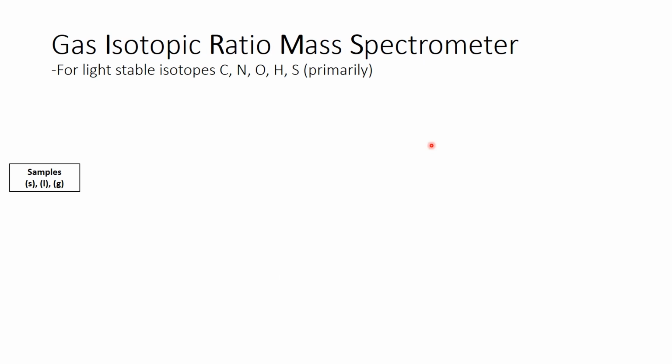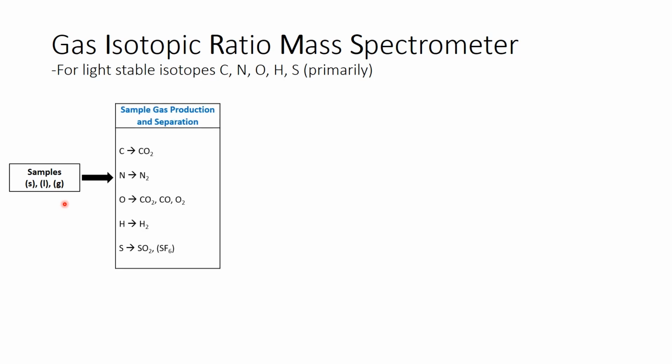The mass spectrometer here is a gas isotopic ratio mass spectrometer. This type of instrument is primarily used for light and stable isotopes: carbon, nitrogen, oxygen, hydrogen, and sulfur. Samples can be solid, liquid, or gas, but solid and liquid samples must be converted into sample gases before they can enter the instrument.